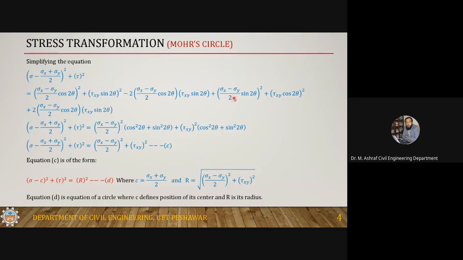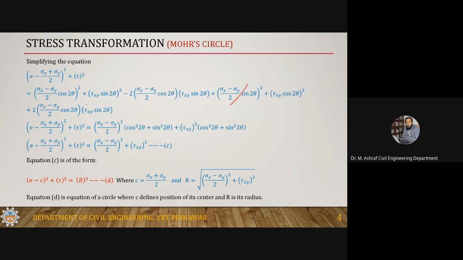Now, if you look at this expression, this one is ((sigma x minus sigma y)/2) square cos square 2 theta. And this one is ((sigma x minus sigma y)/2) square sine square 2 theta. If you combine these two, you will get ((sigma x minus sigma y)/2) square times cos square 2 theta plus sine square 2 theta.